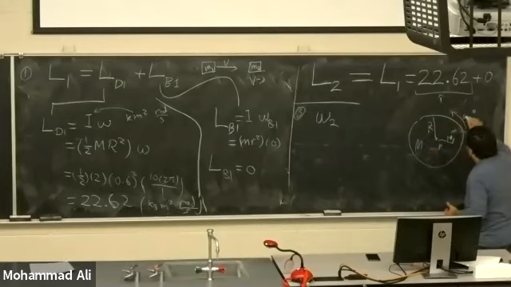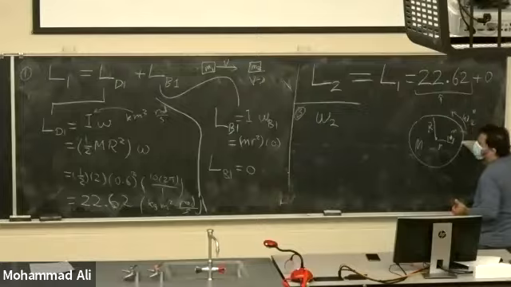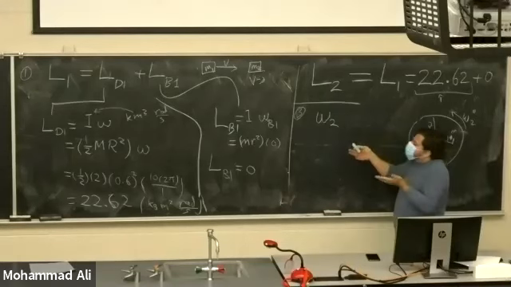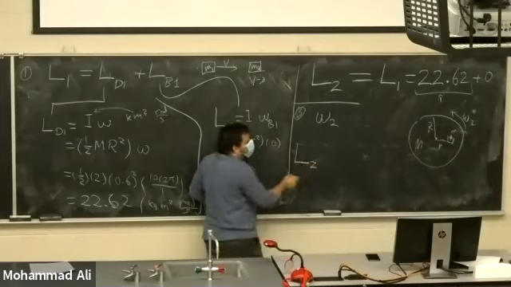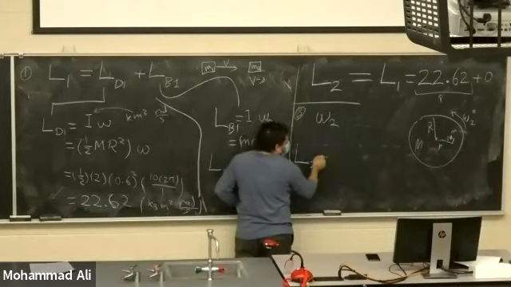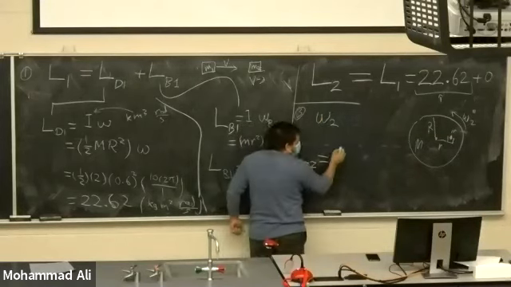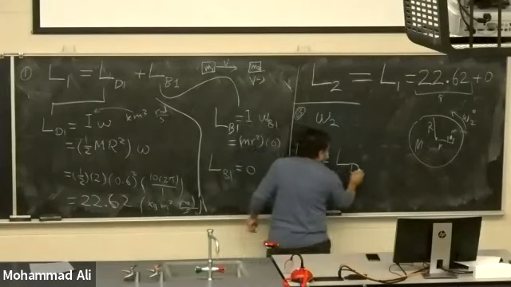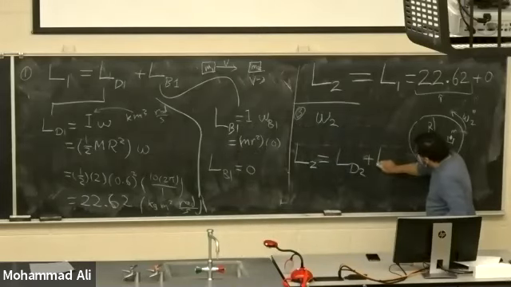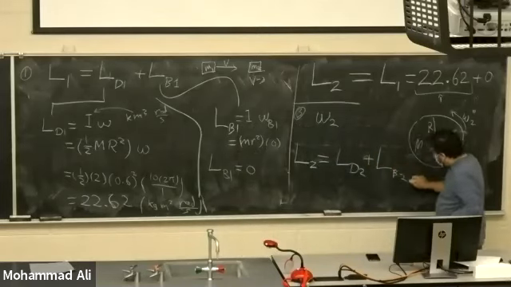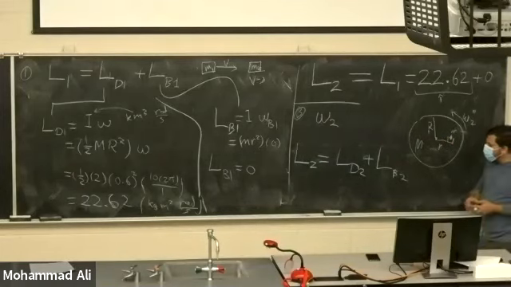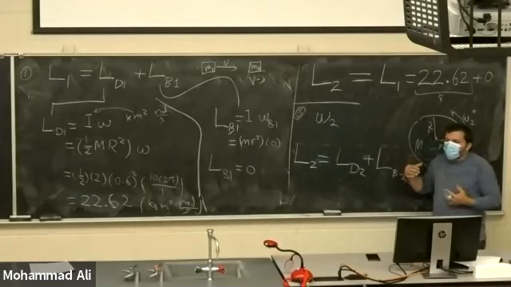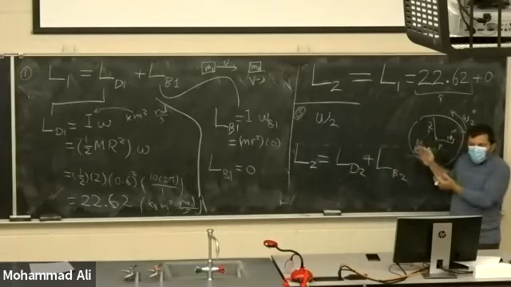Both of them are moving with the same angular velocity omega 2. How can we find that? It is simple. We have L later is known. It will be equal to L for the disk later plus L for the ball later. We are talking after the collision, or the interaction. Our interaction is a collision.